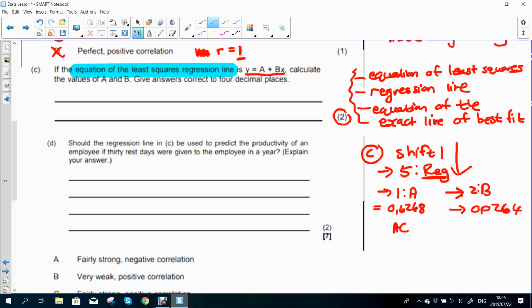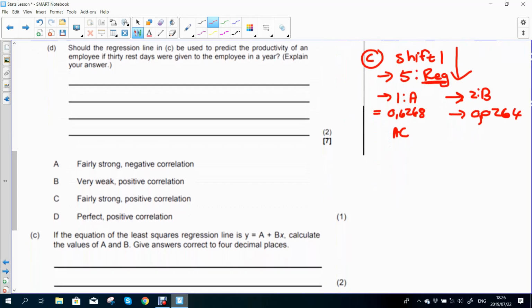Okay, and that's your B value. And then you can just write that within the equation. So your A value is 0.6268. And they wanted 4 decimals, so just be careful. Read the question very carefully to make sure that you don't make a mistake with that. And this is 0.0264x. And for that you get 2 marks, basically 2 marks for the correct answers.